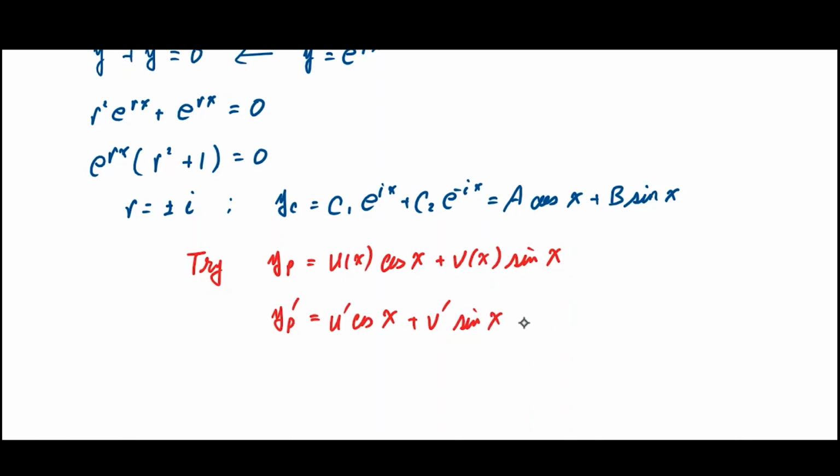So plus u, it will turn out to be minus u and then sine x, right? So the second half of the product rule of that one is here, good? And the second half of the product rule of that one will be plus v and then cosine of x.